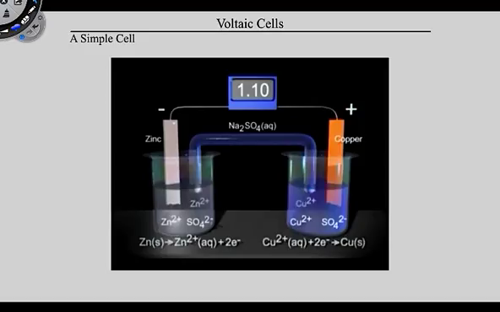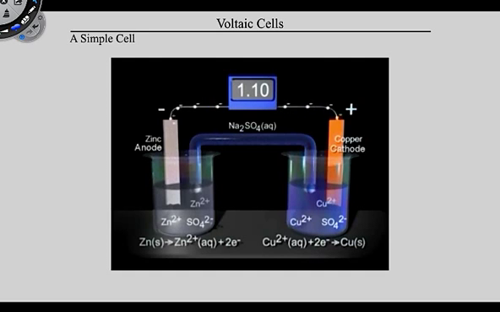At the same time, copper 2 ions acquire electrons at the copper electrode and form copper metal. The reaction in the left-hand compartment is oxidation of zinc. The electrode at which oxidation occurs is called the anode. The reaction in the right-hand compartment is reduction of copper. The electrode at which reduction occurs is called the cathode. Electrons flow from the anode to the cathode through the external circuit.